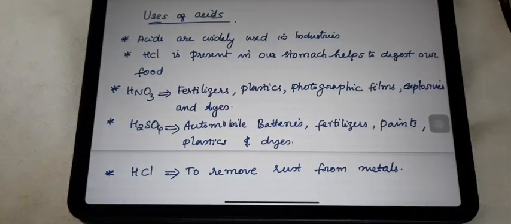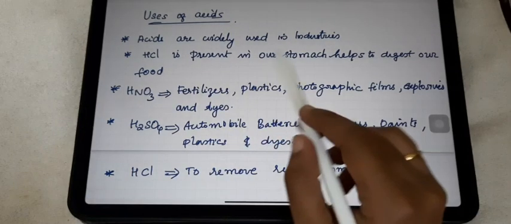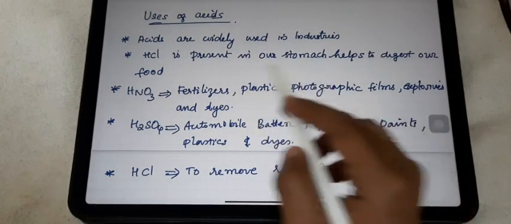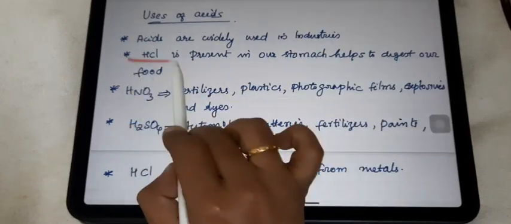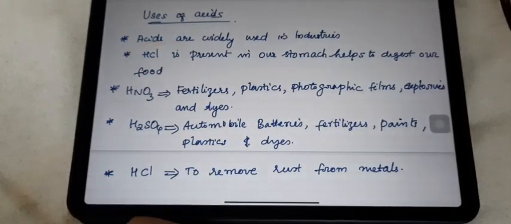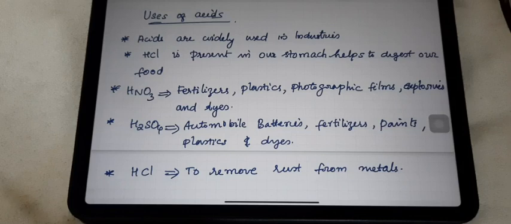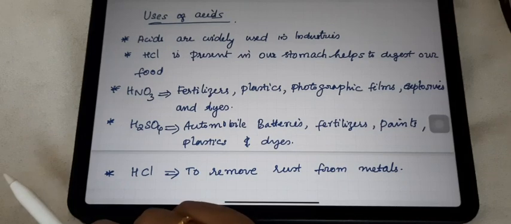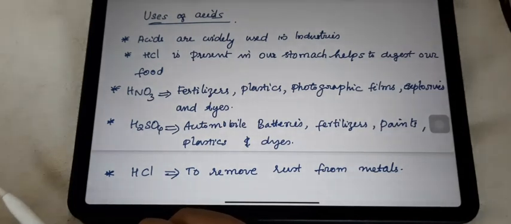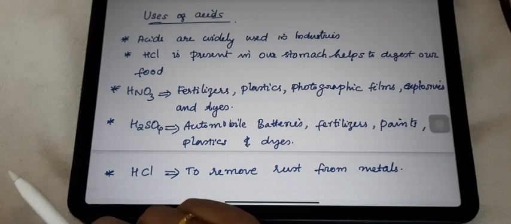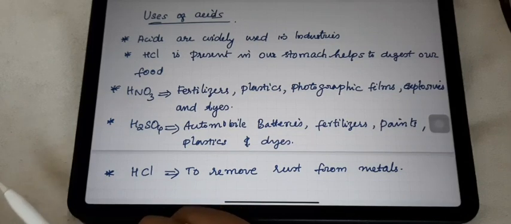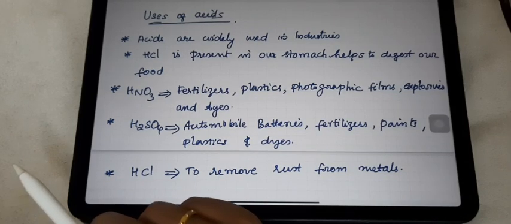We are using the acids. One of the important roles of acid is in our stomach itself. There is hydrochloric acid present in our stomach, HCl. That's why we sometimes feel acidity. Many of you have heard someone say, I'm feeling acidic, or that person has an acidic problem.